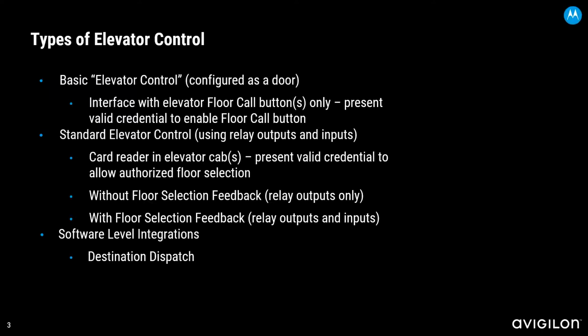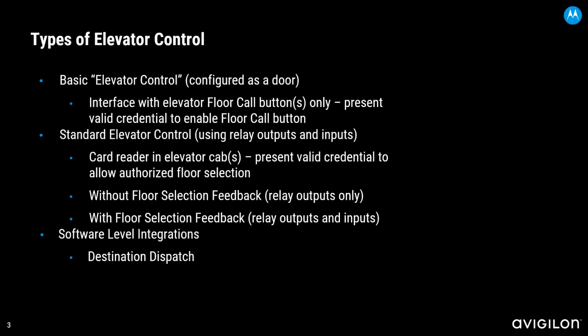Having controls inside the cab's probably not going to benefit you a whole lot since there's only one floor that you could possibly select when you get in from the first floor. So just be aware that you can do that within the ACM software. That's just set up like a normal door. Present your card, you get a valid grant, we close the relay, and then that allows them to use that floor call button.